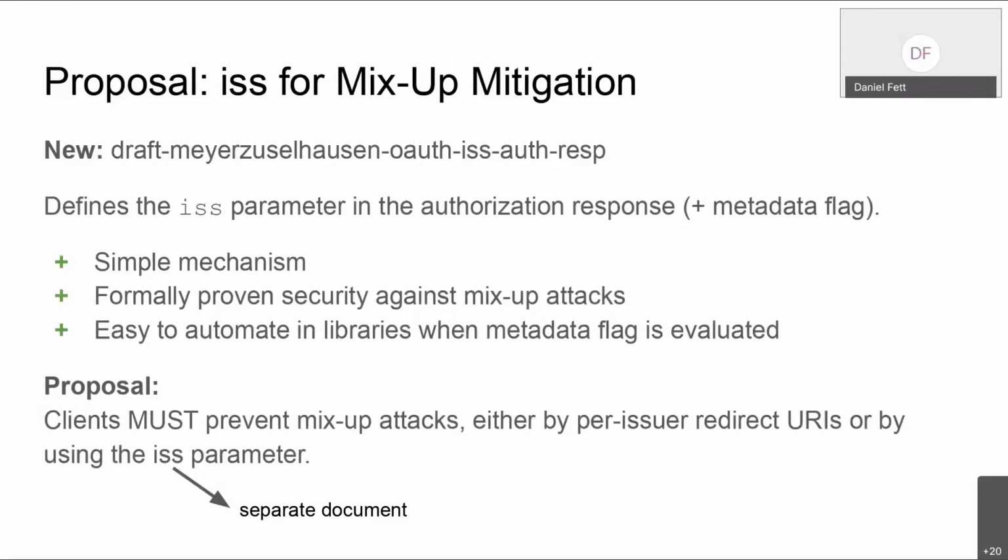In the security BCP we could say, if you have a way of sending the issuer from the authorization endpoint to the client, then that also solves the problem. One way could be the ID token, and an informative reference to this other draft. That could then make it a normative, informative reference, and that would be good.